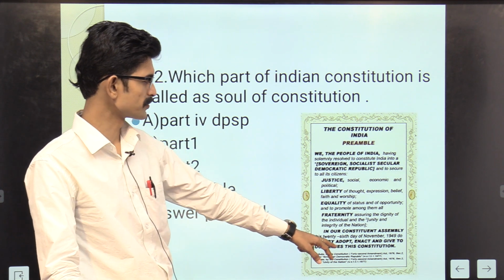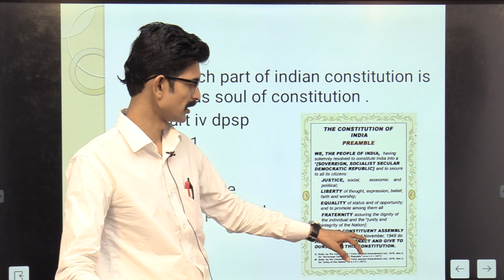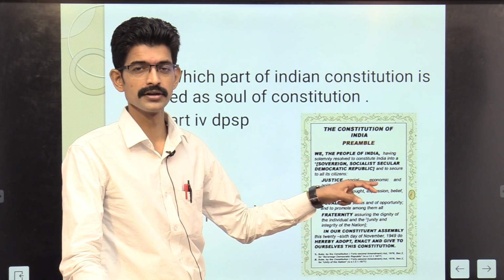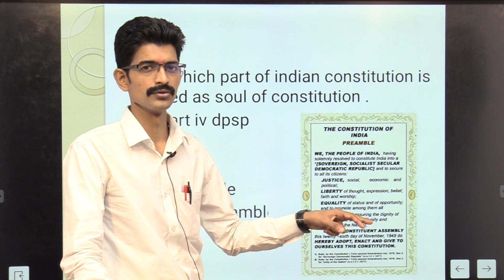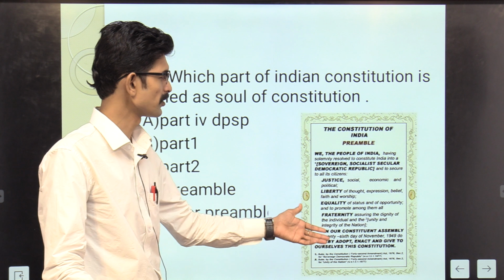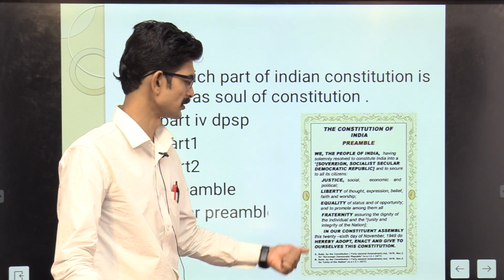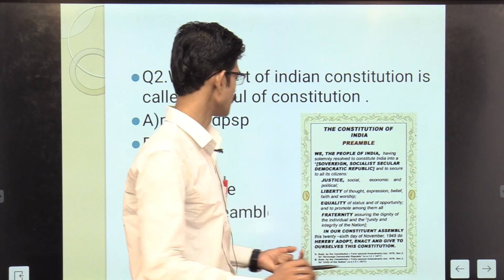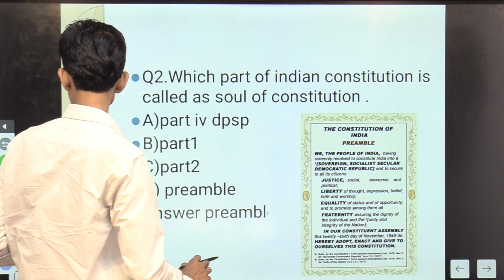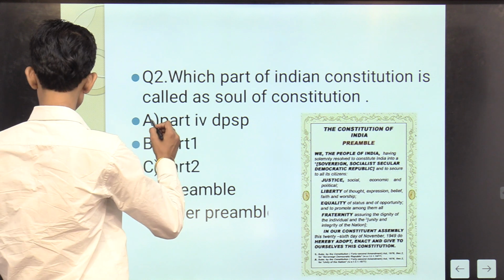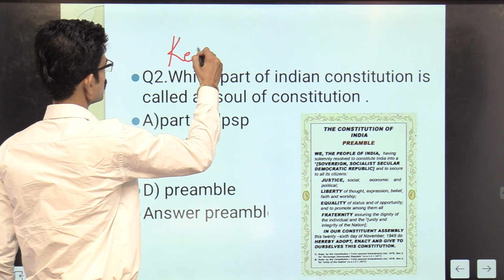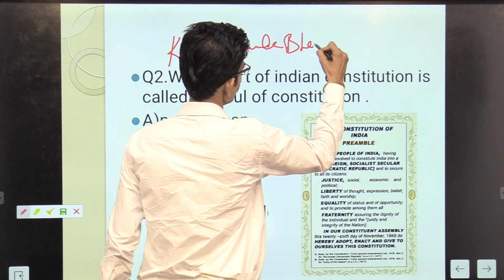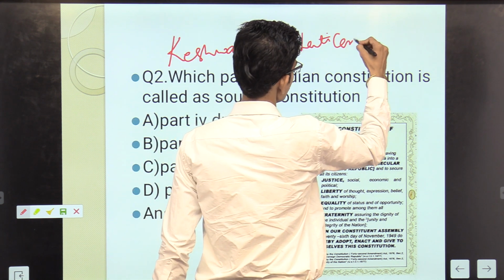So, that was adopted and enacted on the 26th day of November 1949, and that was a part of the Indian Constitution. And under the Keshavananda Bharati case, the 42nd Amendment was there. So, there was the Keshavananda Bharati case, a famous case, and what is it called?